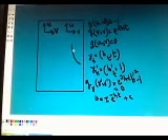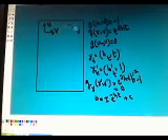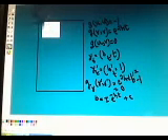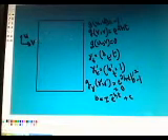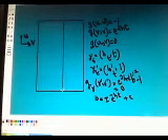And now I want to show you that for one of these vertical lines, it has two neighboring lines.